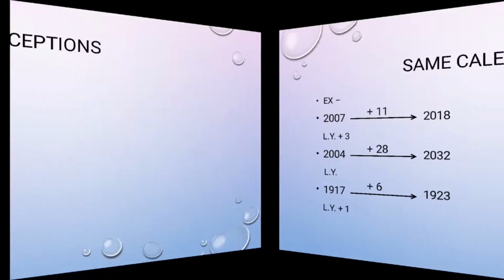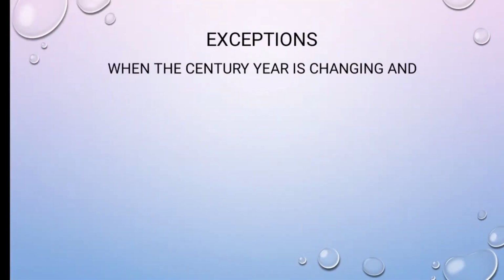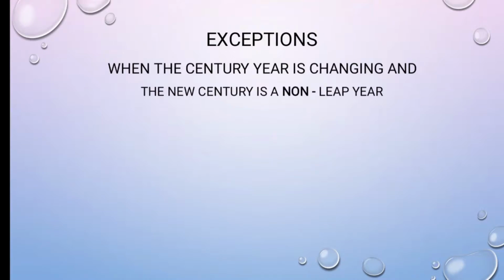So the exception cases are when the century year is changing. In the last question you saw the century year changing from 18 to 19. So when the century year is changing and the new century year is not a leap year.